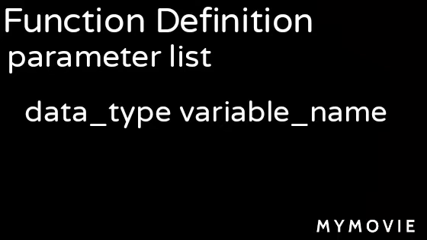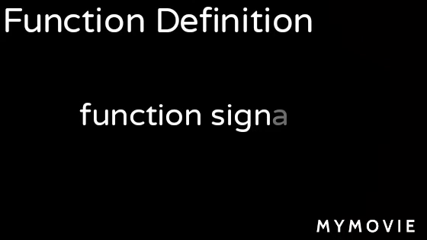If the function doesn't need any parameter, it usually scans value inside the function. Then the parameter list can be empty. Okay? The function name together with the parameter list constitute what we call the function signature.